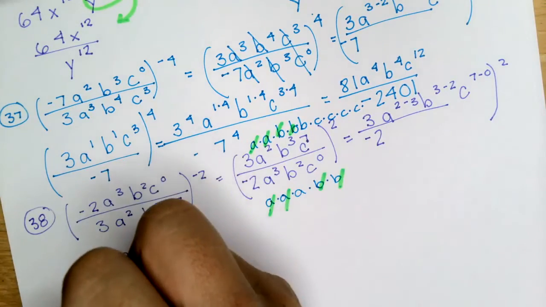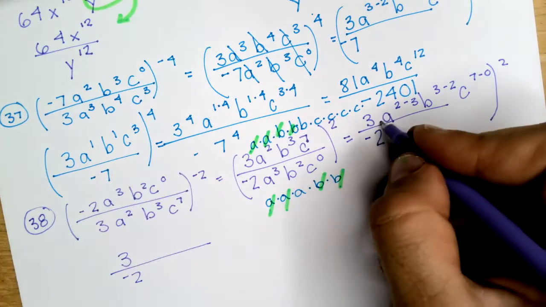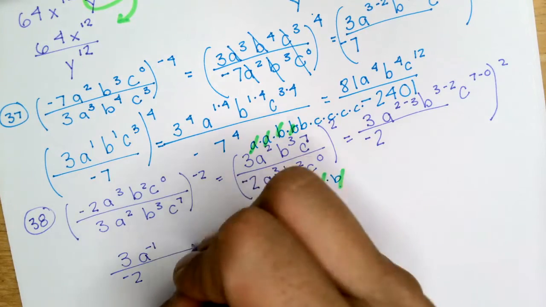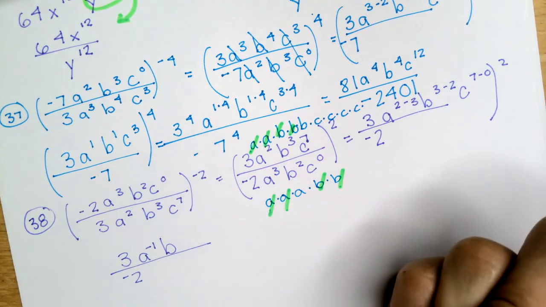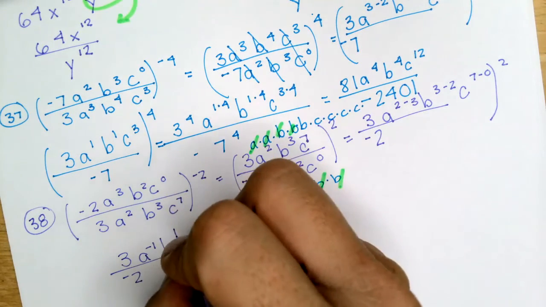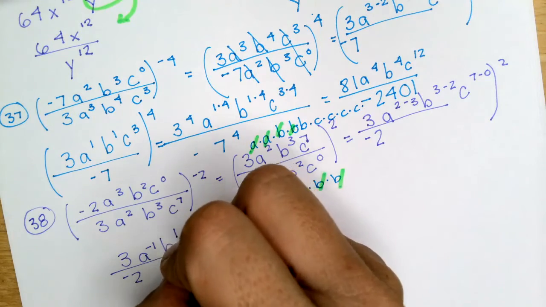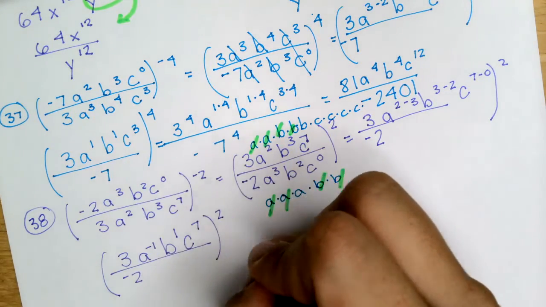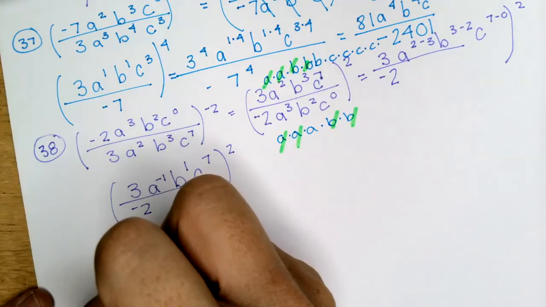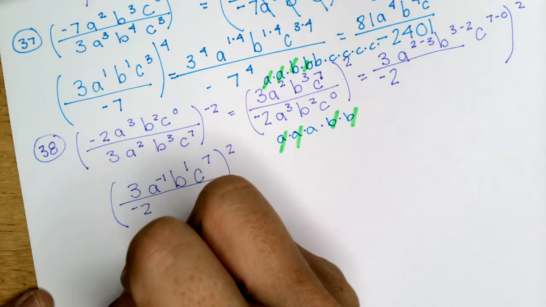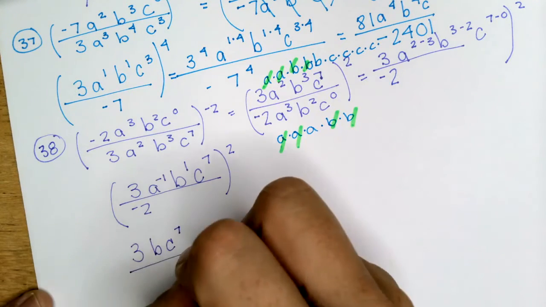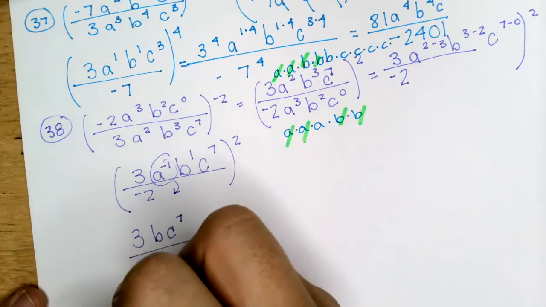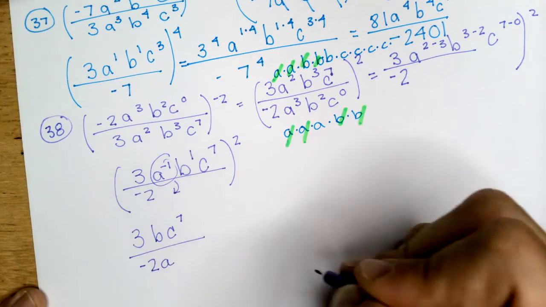So that's 3 over -2. 2 minus 3 is -1 a's. 3 minus 2 is 1b. 7 minus 0 is 7 c's, all squared. So that'll be 3 b c to the 7th. I'm going to move that a down here because it's a negative. -2a, right?